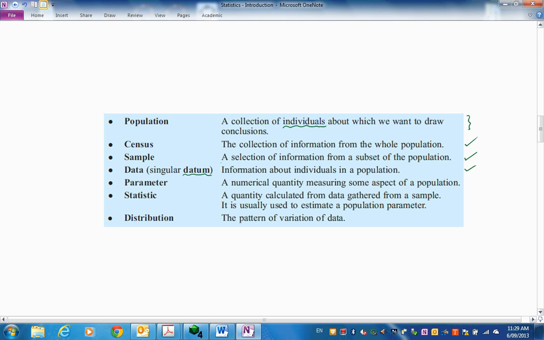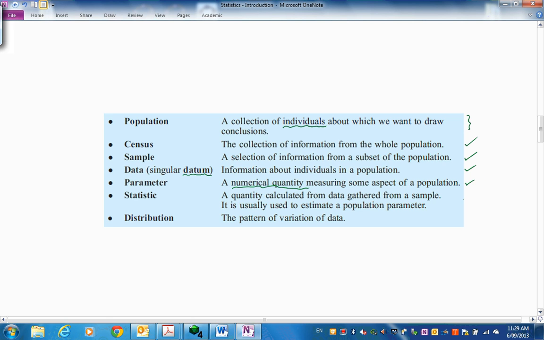All right. A parameter is the actual value, a numerical quantity in this context, measuring some aspect of a population. We're going to be doing continuous variables here, not discrete ones, in this particular section. So it's usually a continuous numerical variable measuring some aspect of a population. The parameter is the actual value that we would like to know about but can't get directly unless we do a census, which is going to be very expensive.